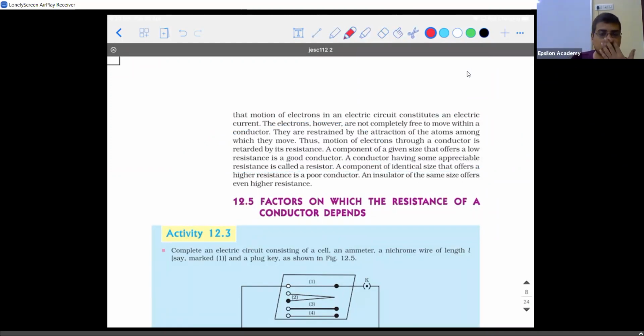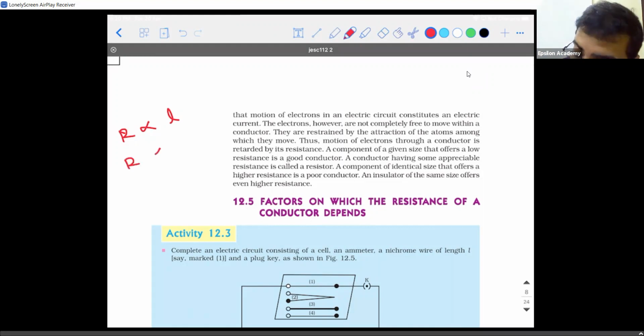So these are all the factors. Resistance of a conductor is observed to be directly proportional to the length of the conductor. Write it down.